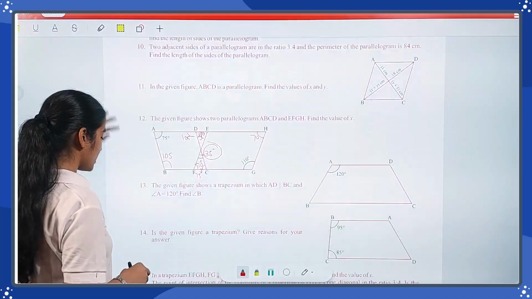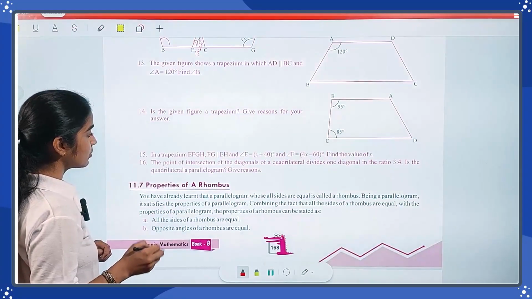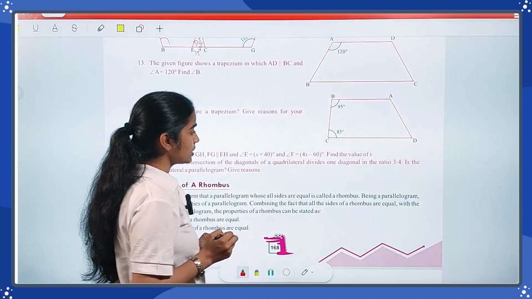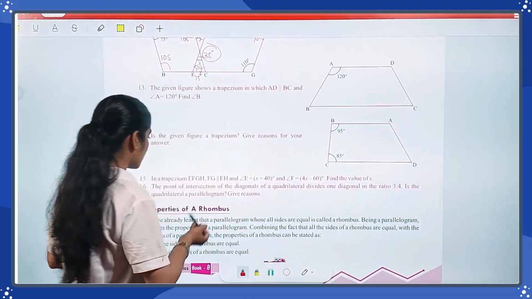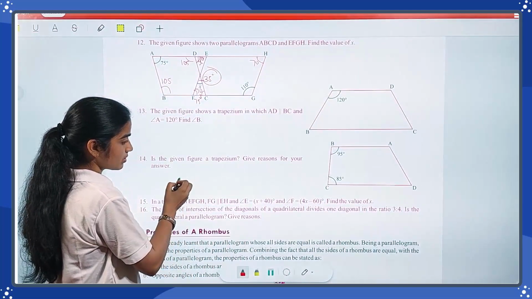Okay. Next you have in the trapezium EFGH, FG is parallel to GH and angle E is equal to x plus 40 and angle F is equal to 4x minus 60. Find the value of x. So angles E and F, two pairs, that sum to 180.